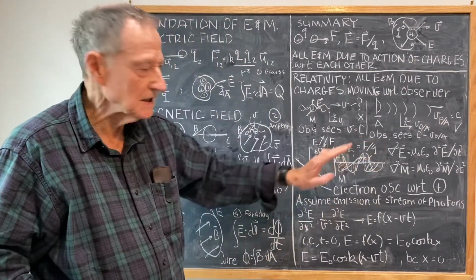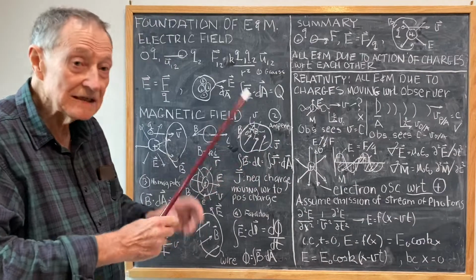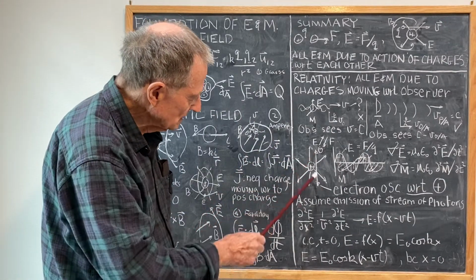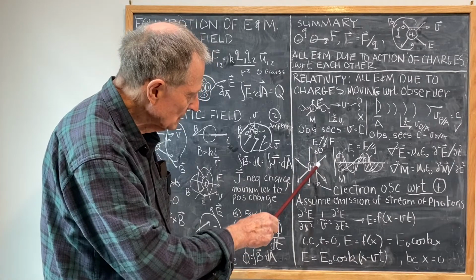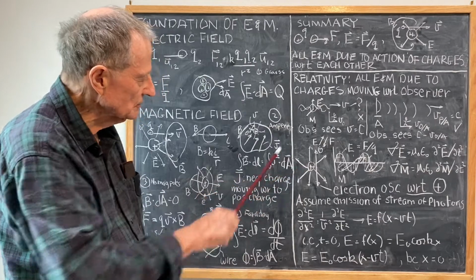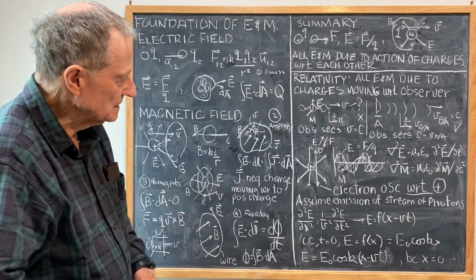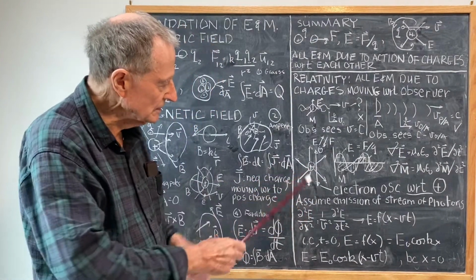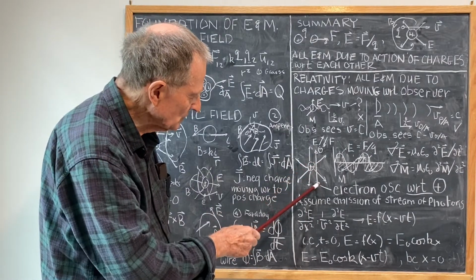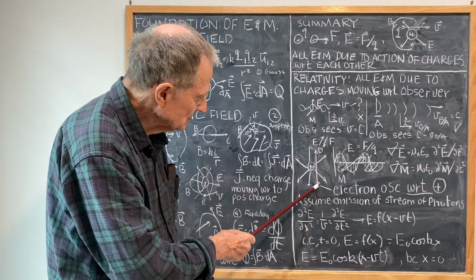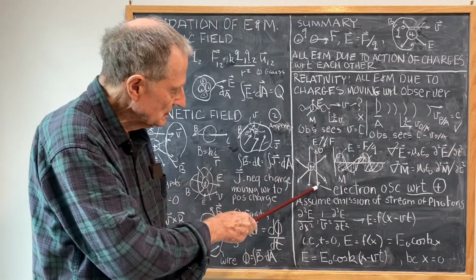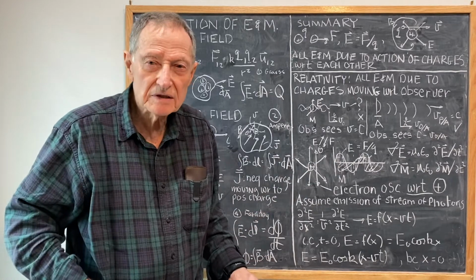The electric field oscillates, and at the same time, 90 degrees out of phase with that oscillation, when the electron is cutting through the electric field next to the positive charge, it creates a magnetic field, which is a maximum here and at this point, where the velocity is a max. Out here, where the velocity is zero, the magnetic field is zero.